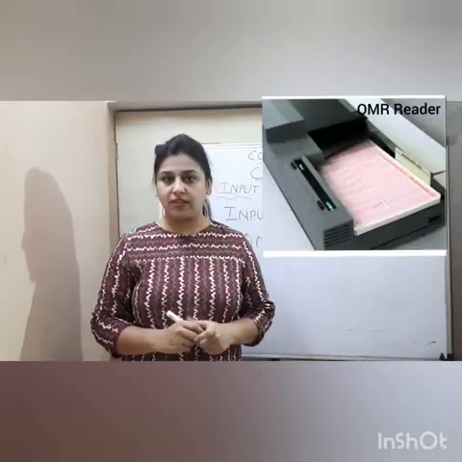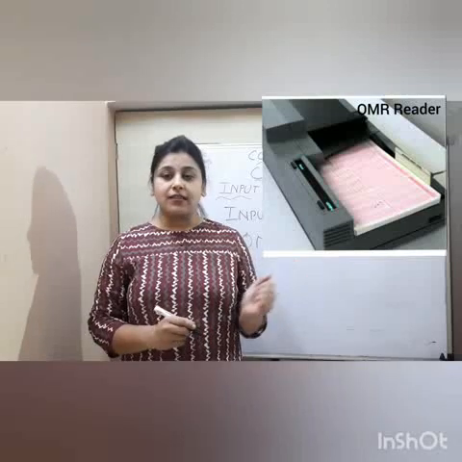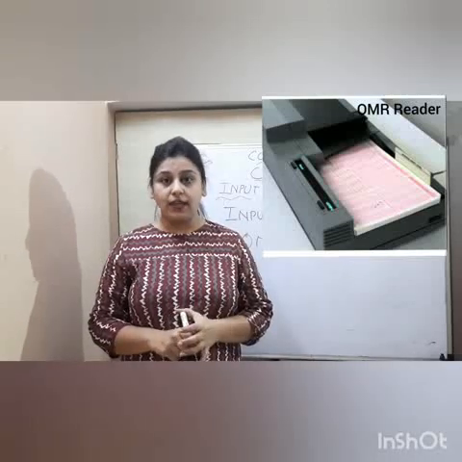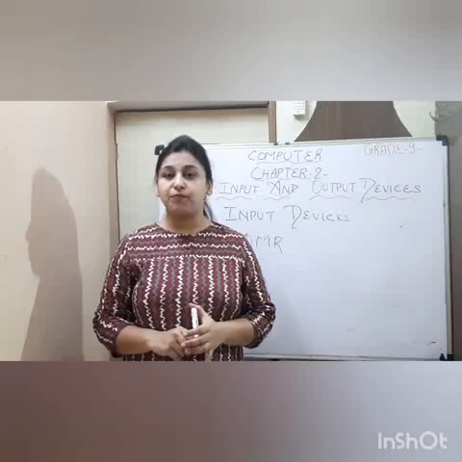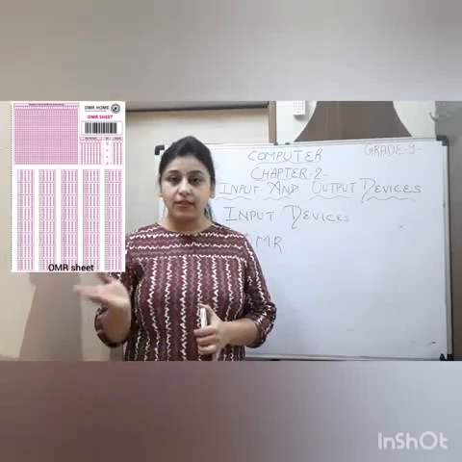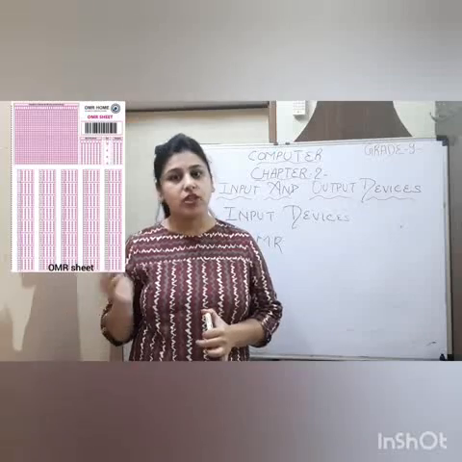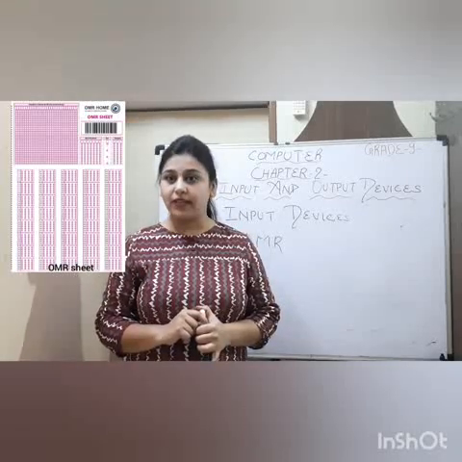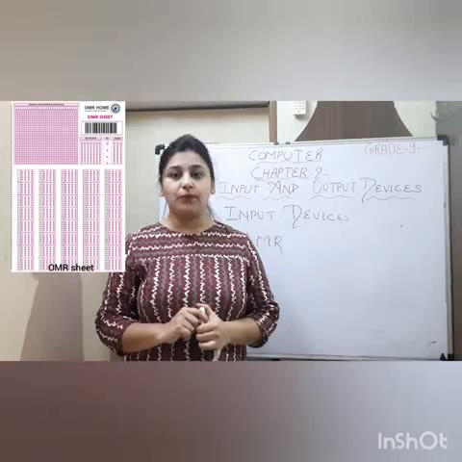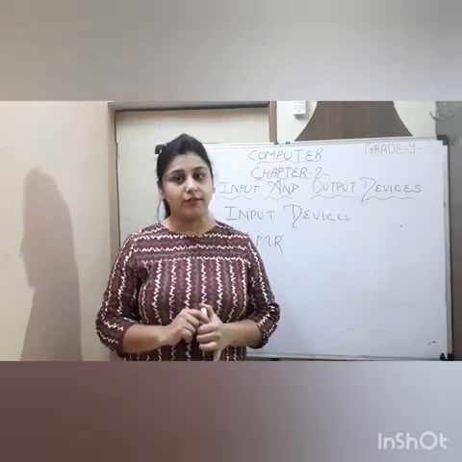It is a special device that can detect marks made with ink or pencil. OMR requires a special printed paper that contains boxes and circles for shading. The shaded marks are translated into electrical signals based on the presence or absence of shaded marks.